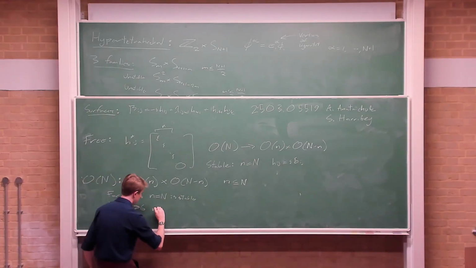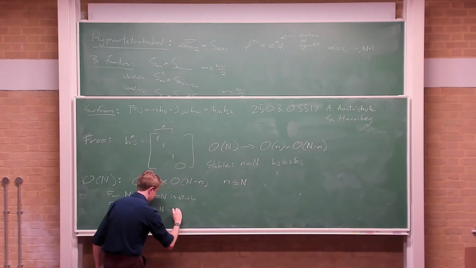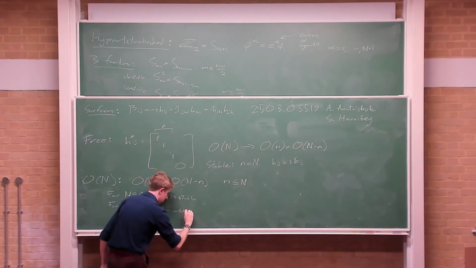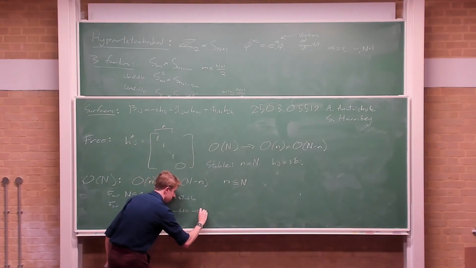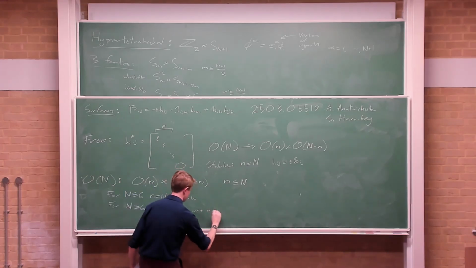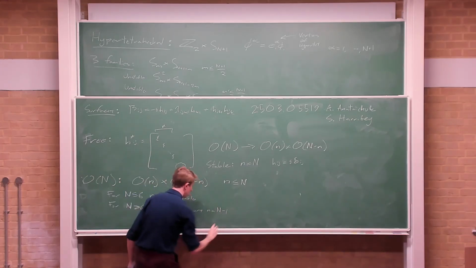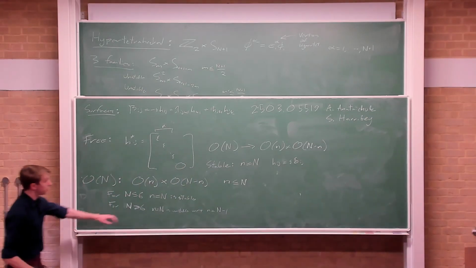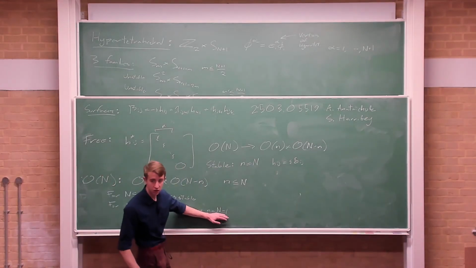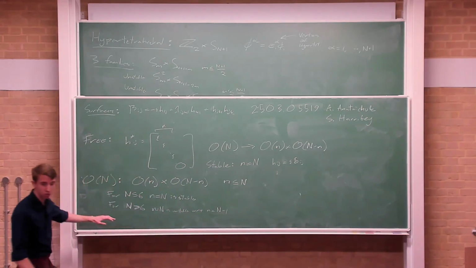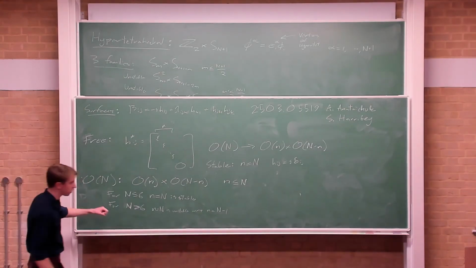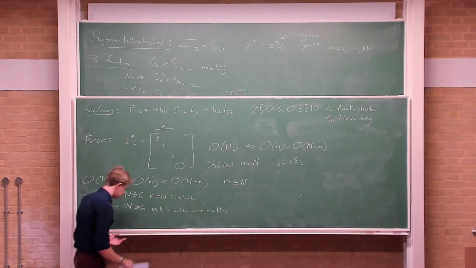This n equals N is unstable with respect to deformations towards n equals N minus 1. But this point is also unstable. So for every fixed point, there will always be at least one relevant operator that you can use to induce an RG flow.